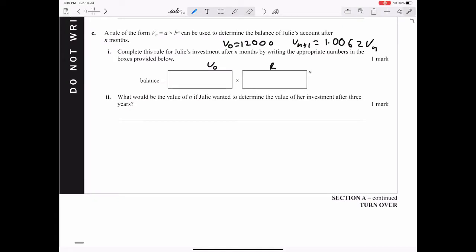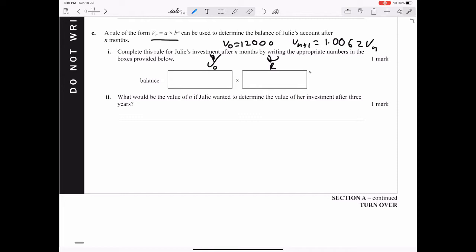For C, a rule in the form of Vn equals A times B to the power n can be used to determine the balance of Julie's account after n months. Complete this rule for Julie's investment after n months by writing the appropriate numbers in the boxes provided below. So you should know that using an nth term relation has the V0 value over here and the R value over here.